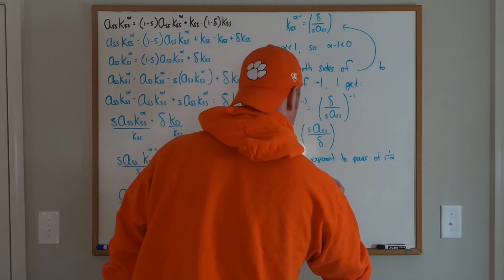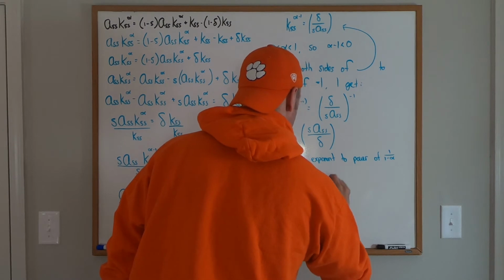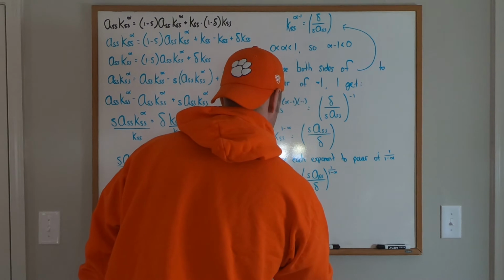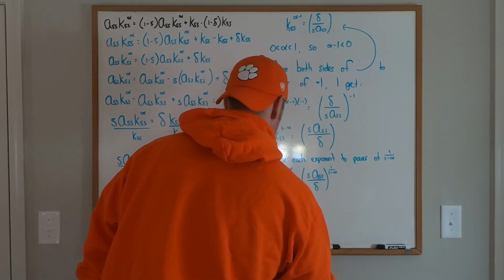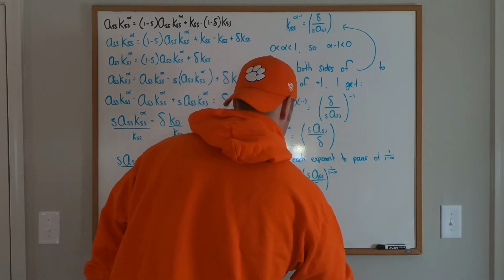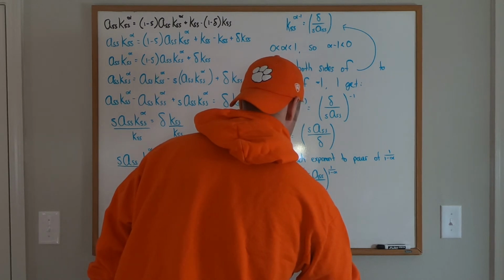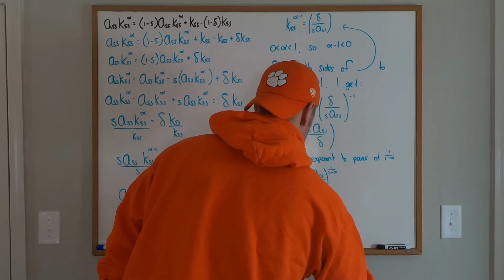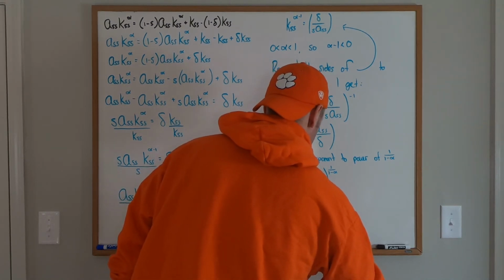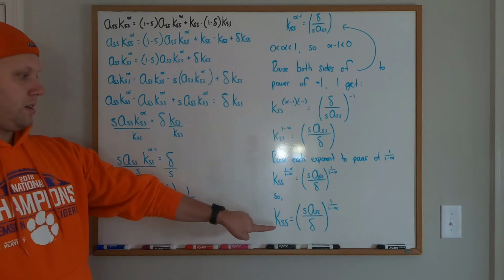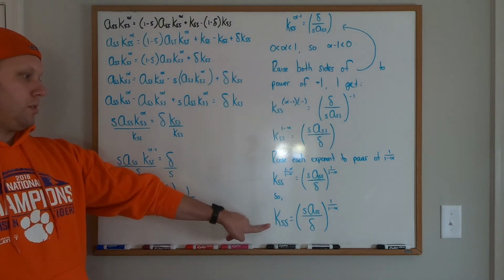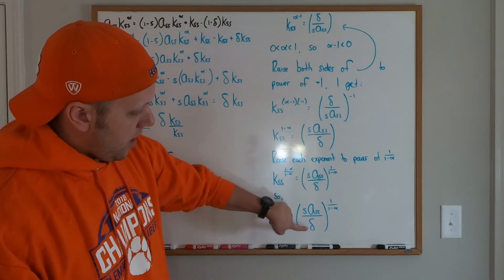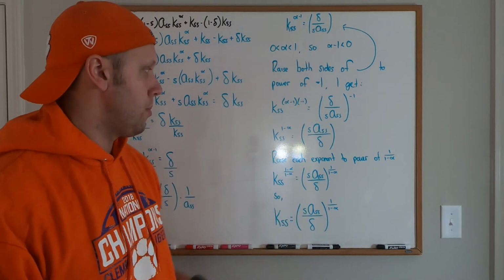My mistake, no fault or problem of yours. So this is the Solow model solution for steady state capital. It's S times A over delta to the power of 1 over 1 minus alpha.